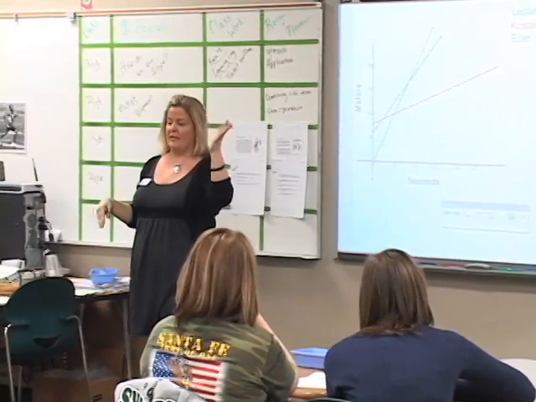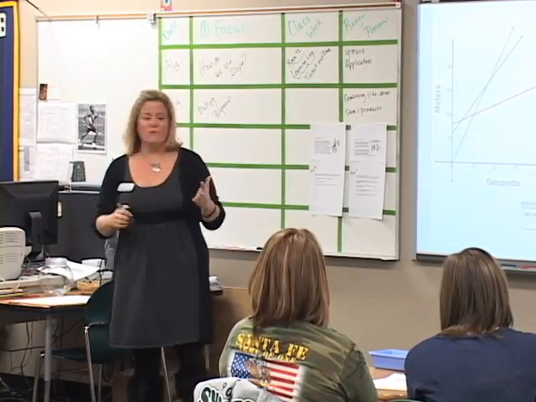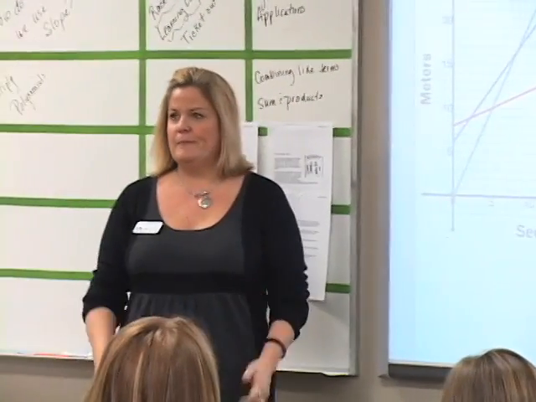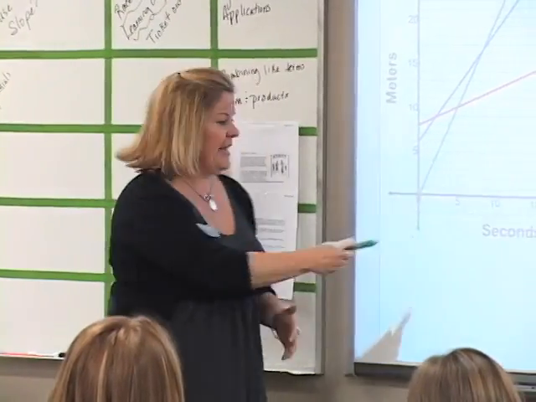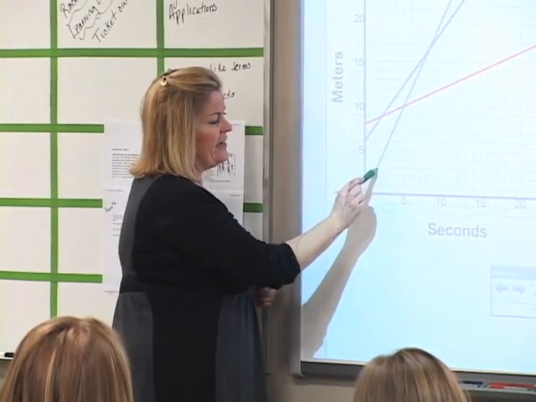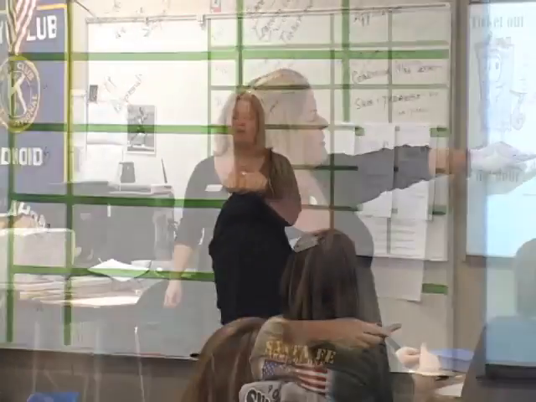Why did I have to connect the lines? So you knew that she kept running. She didn't just run at 1 second and then jump to the next second. She was running constantly, so we need a line that shows that we're constantly moving the whole time.